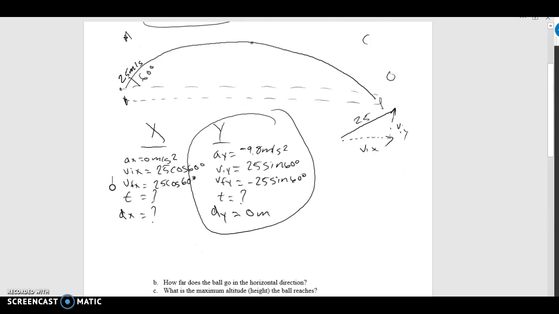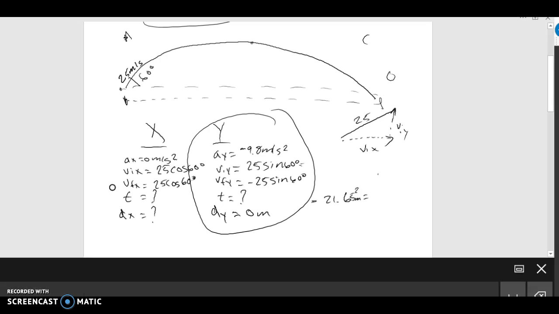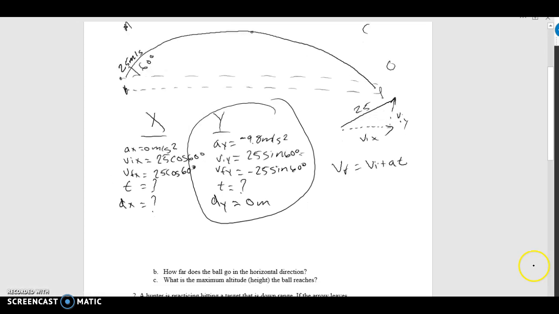Solving this in the Y, the equation we use with acceleration, initial velocity, final velocity, and time is: final velocity is equal to initial velocity plus acceleration times time. Final velocity in this case is negative 25 sine of 60, which becomes negative 21.6. So negative 21.6 is equal to 21.6 plus the acceleration, negative 9.8, times time.